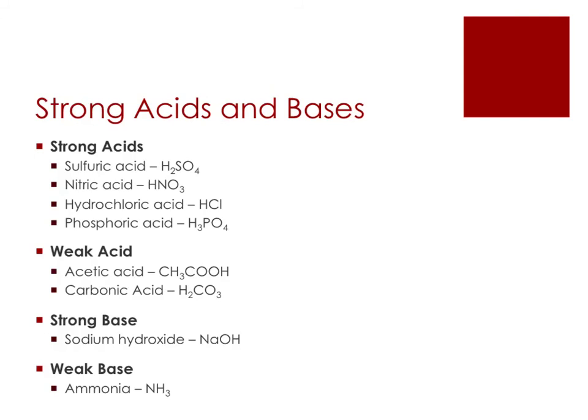Here's a list of some very common strong acids and weak acids and strong bases and weak bases. Take a look at the strong acids at the top. Notice that each of their conjugate bases, which I'm writing next to them right now, are exceptionally weak conjugate bases. They're not strong enough to pull any of the H pluses off of the H3O+ and cause the reverse reaction to occur.